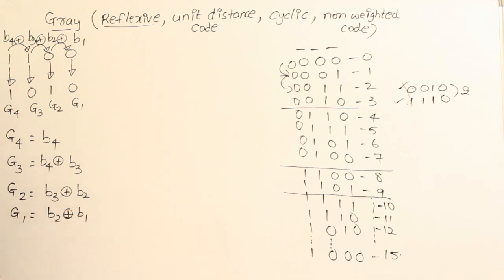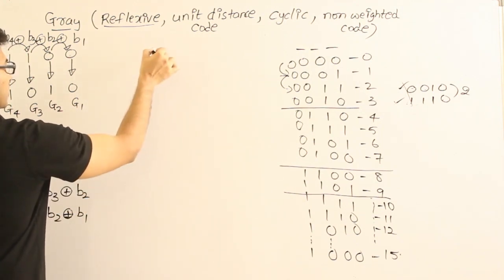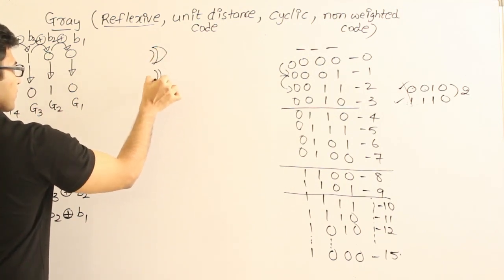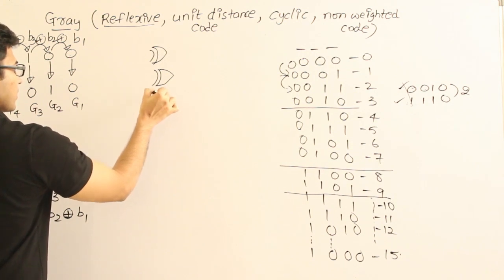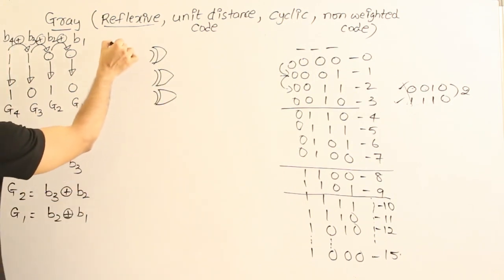Therefore, we need exclusive OR gates to get the output. So you can design a circuit like this. How many exclusive OR gates do we need? 3 exclusive OR gates for a 4-bit number, and B4 directly is going to be the output.